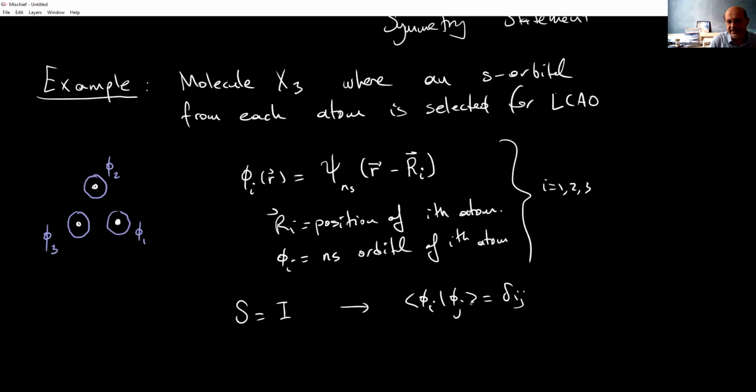But this is an approximation. We are approximating it with this Kronecker delta, because I'm assuming that the overlap of two 1s wave functions is almost zero. It's very small. So that's an approximation.